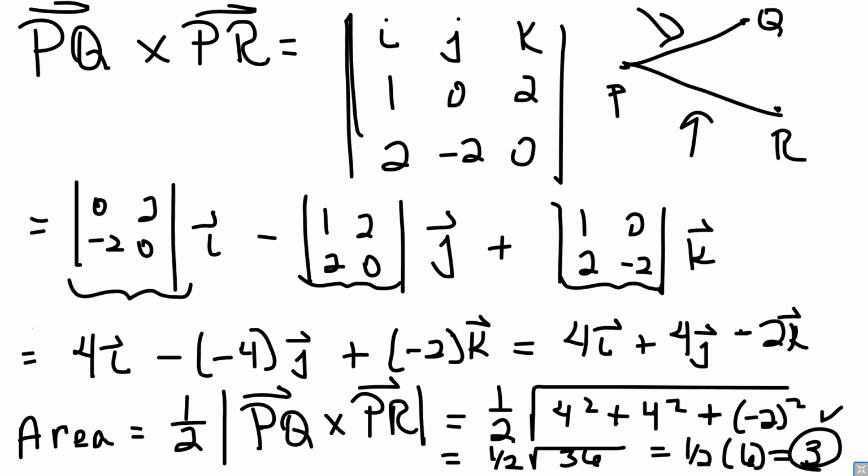And the cross product is going to create a new vector. And since it's only a triangle, I know that it's half of the area of the parallelogram. So I really don't need to know what the vector is for the third side at all in order to do this. Okay. Any questions?